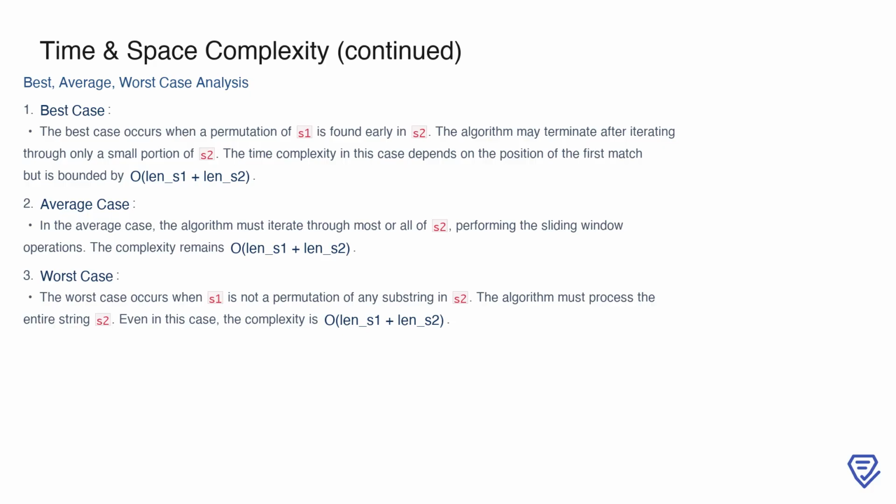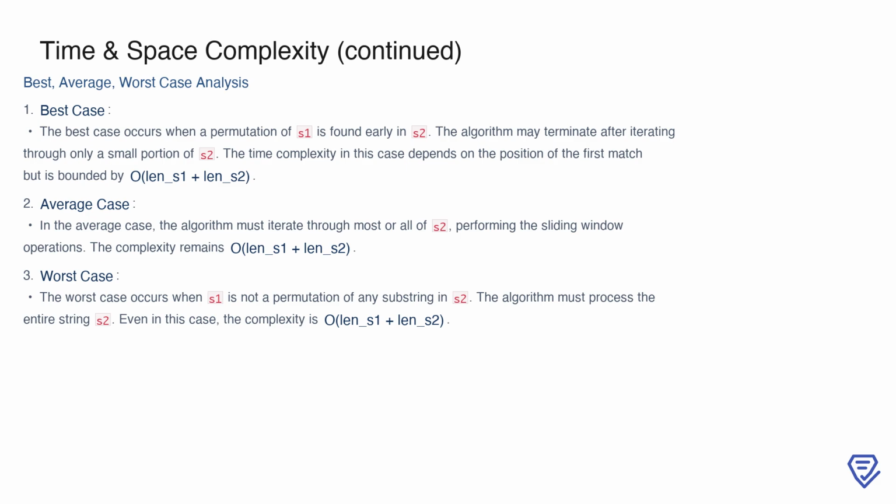For the average case, the algorithm typically processes most or all of S2, performing sliding window operations throughout. Even here, the complexity stays at len_S1 + len_S2. Finally, in the worst case, where no permutation of S1 exists in S2, the algorithm must process the entire string S2. Despite this, the time complexity does not exceed len_S1 + len_S2, demonstrating the approach's efficiency in all scenarios.